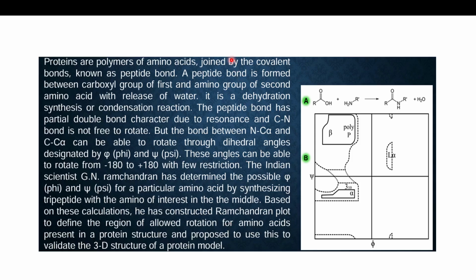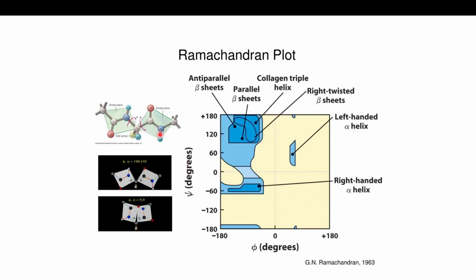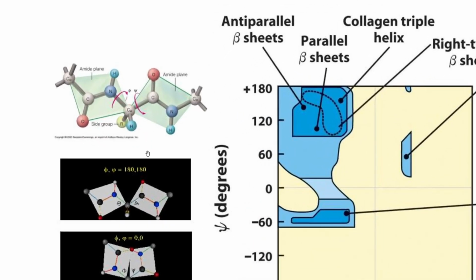So now, proteins are polymers of amino acids, and we looked at the peptide bonds. But the bonds between N and C alpha, and C and C alpha, are able to rotate through dihedral angles designated by phi and psi. Now, if we talk about phi and psi angles here, this is one amino acid, this is another amino acid, this is another amino acid.